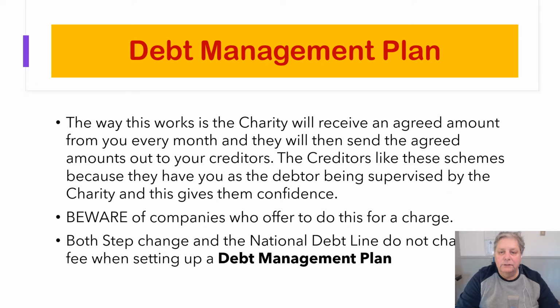In the circumstances where you've got some money to pay the debt, but not the money that they're requiring, you could start a debt management plan. This is where a third party, in this case one of the debt charities, receives a sum of money direct from your bank every month, and they then send out the agreed amounts every month to your creditors who you have listed.